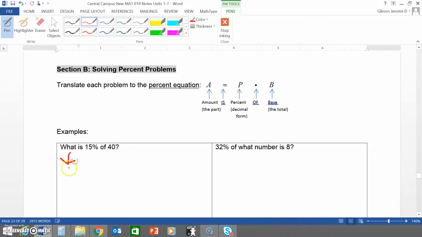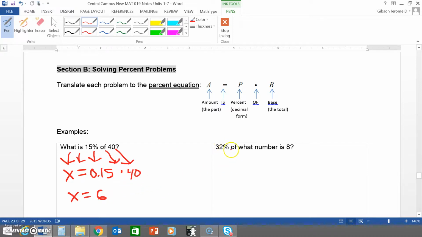Now what is the unknown, is we know is equal, 15% we'll rewrite as a decimal, which is 0.15, of means multiplication, and 40 is just 40. So when we multiply this out, 15% of 40 will end up being 6.